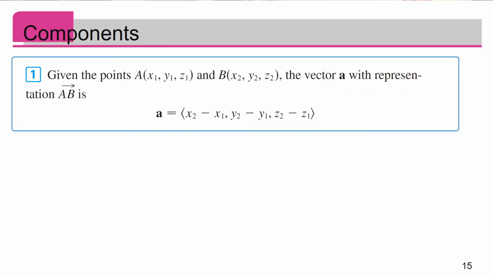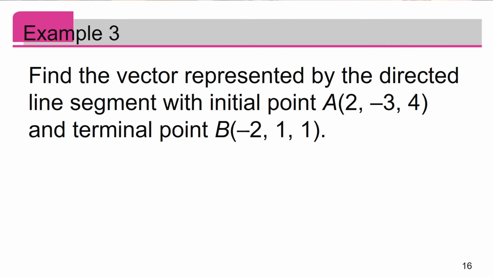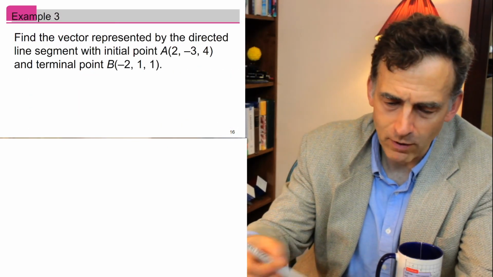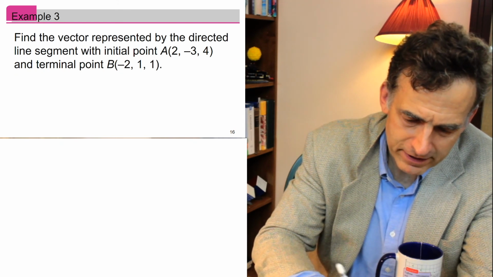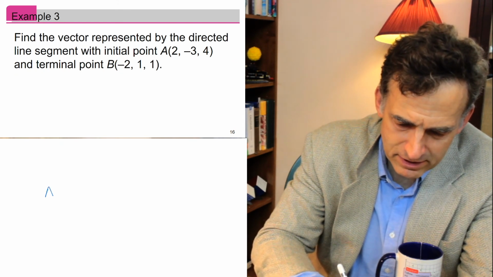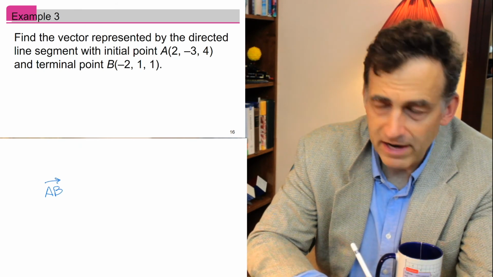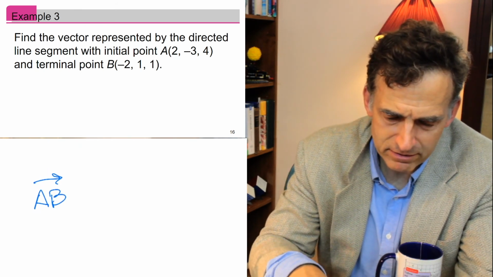In 3 dimensions, you have a similar situation. If you have 2 points and you want to write down the vector that begins at one of the points and ends at the other, just take the difference of those 2 points, and that will be your vector. So let's write down the vector that begins at 2, negative 3, 4, and ends at negative 2, 1, 1. I'm going to write that as the vector AB, using the notation with an arrow above it.